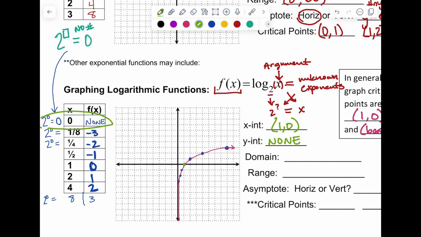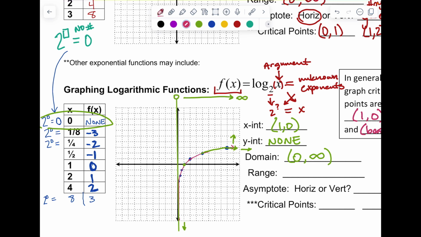Our domain, it's x values, remember? So on the x, they're never going past 0, and then they're going to the right forever. So our domain would be not including 0 to positive infinity. Our range, it's got an arrow pointing down, and even though it's leveling off, this graph is still going up forever and to the right forever, which we said in domain.